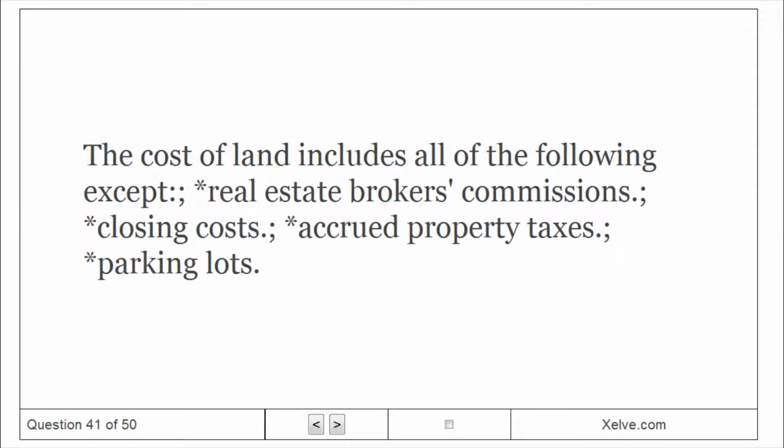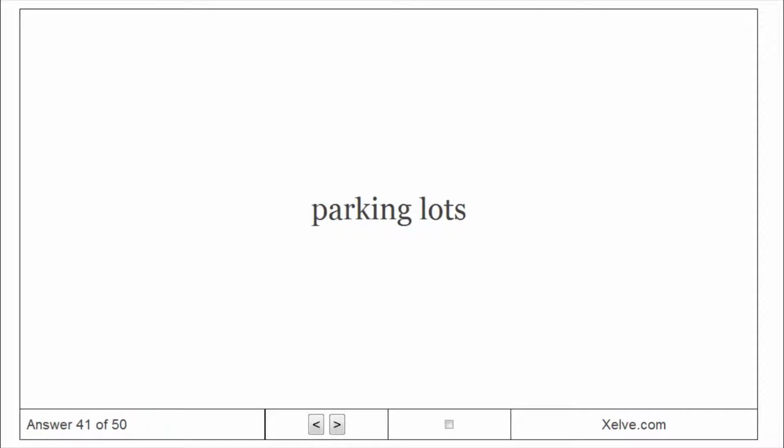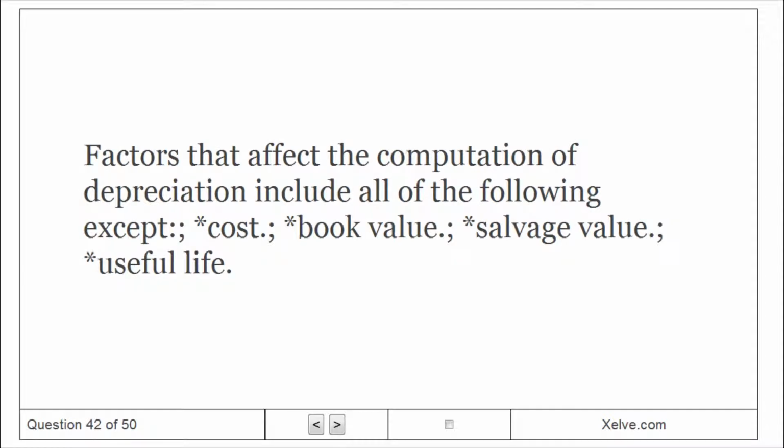The cost of land includes all of the following except real estate brokers' commissions, closing costs, accrued property taxes, parking lots. Parking lots. Factors that affect the computation of depreciation include all of the following except cost, book value, salvage value, useful life.